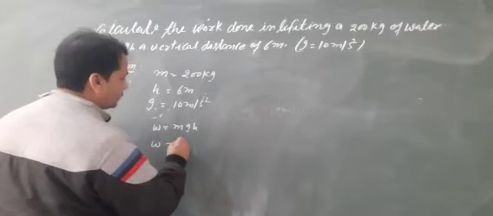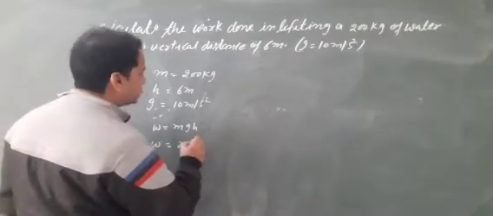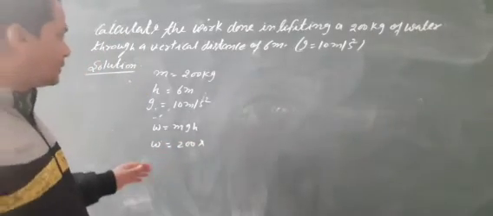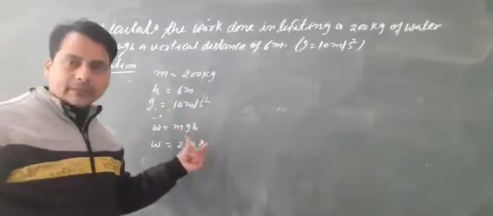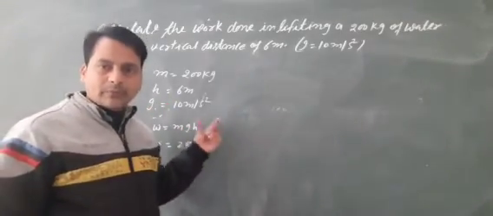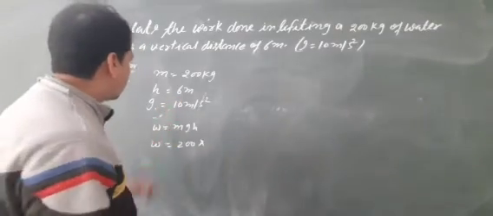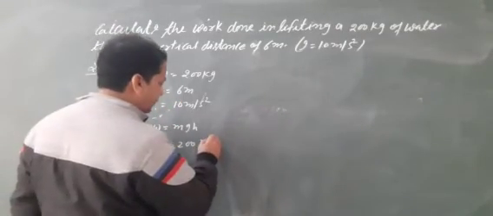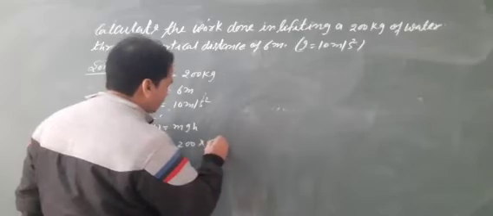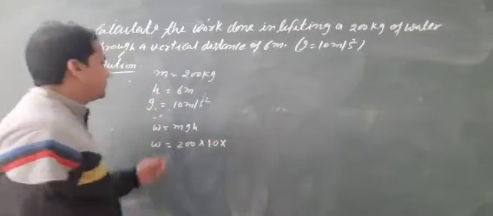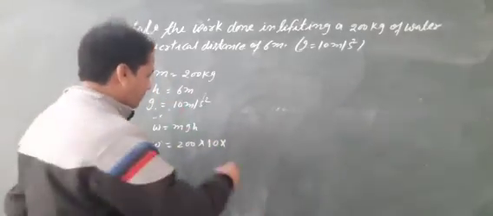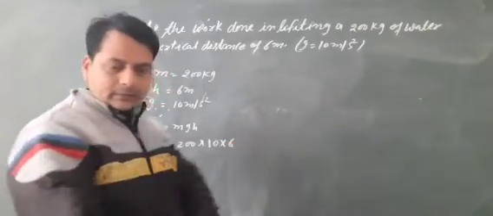Then 200 into acceleration due to gravity, given here as 10 meter per second square. So g equal to 10 meter per second square, 200 into 10, and height is given 6 meter, and 6.